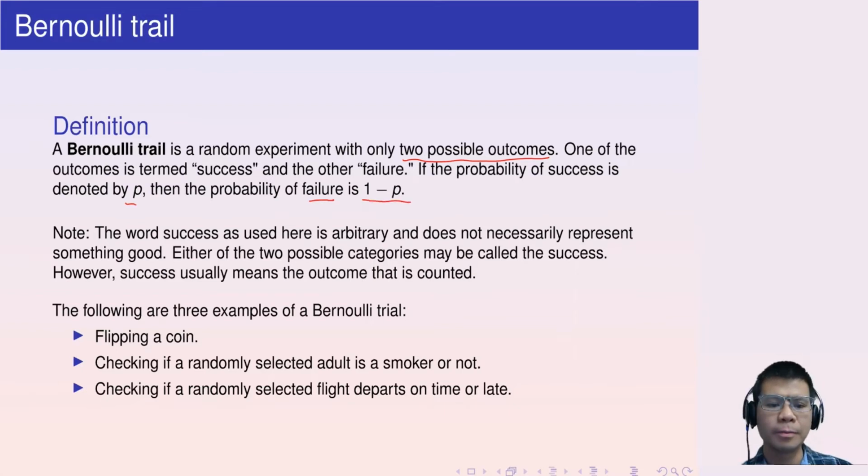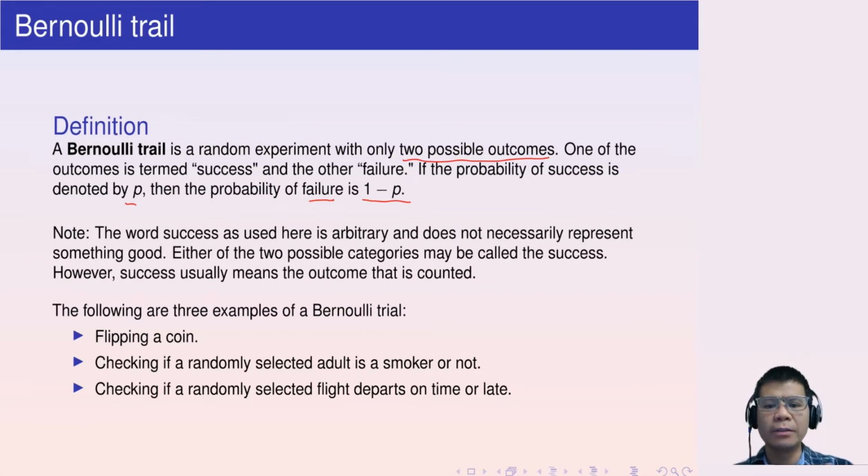1 minus P. Just think about the random experiment of flipping a coin. You may get a head or a tail. There are just two possible outcomes. If we say getting a head is a success, then getting a tail will be called a failure.